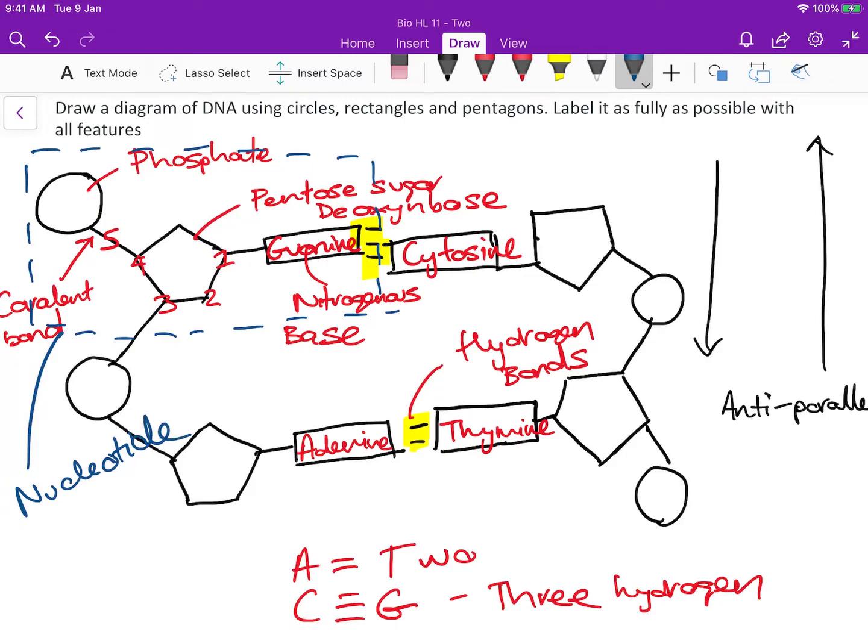So we talked about the phosphate, the pentose sugar deoxyribose, the nitrogenous base. We've labelled them and showed how they go together. We've shown the different numbers of hydrogen bonds, and we've also shown that it is an anti-parallel strand and that it is double stranded.